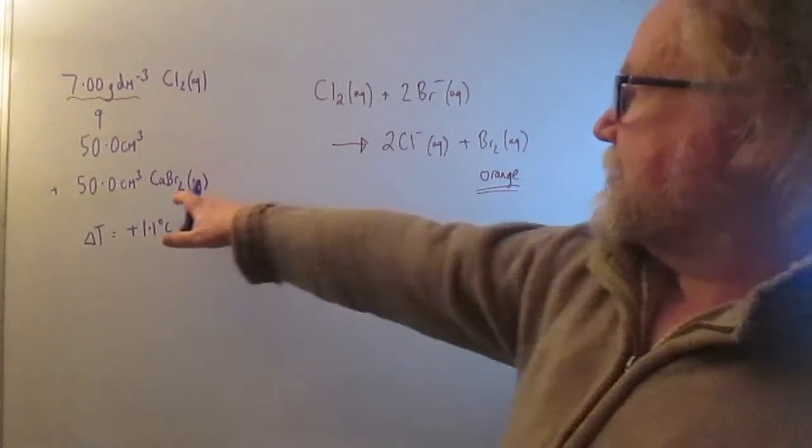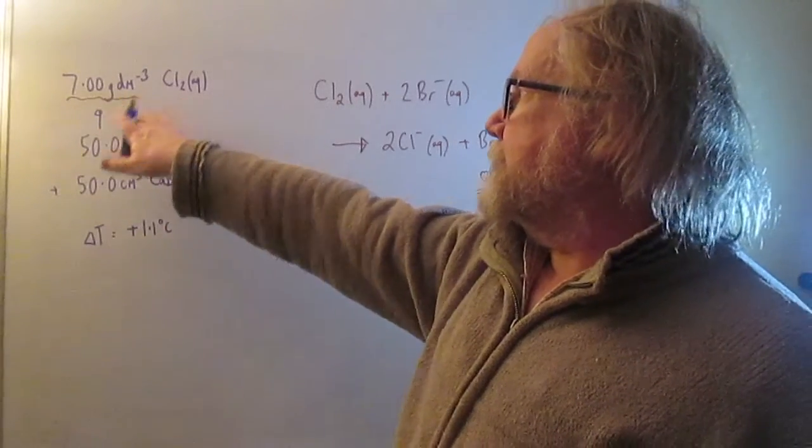So then it tells us that the bromide is in excess, so what we need to do is to work out how many moles of chlorine we've got.